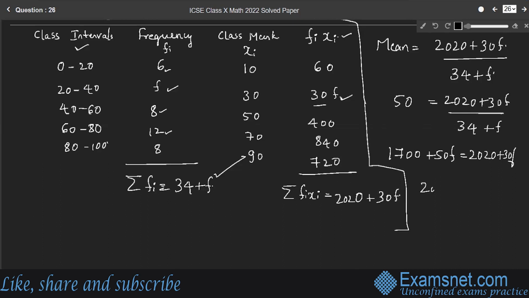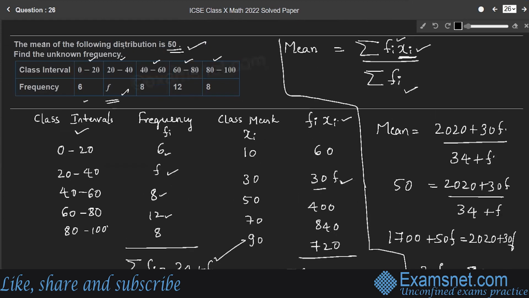Therefore, 20f is equal to 320. Therefore, f is equal to 16. Therefore, the value of the unknown frequency is 16, right? Therefore, f is equal to 16.